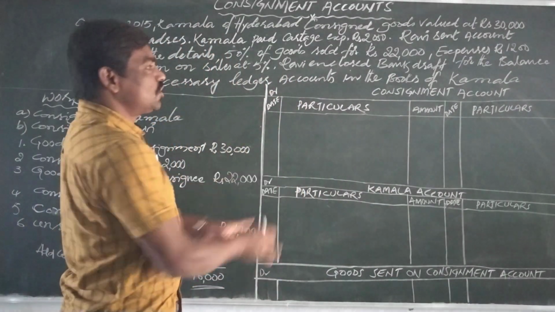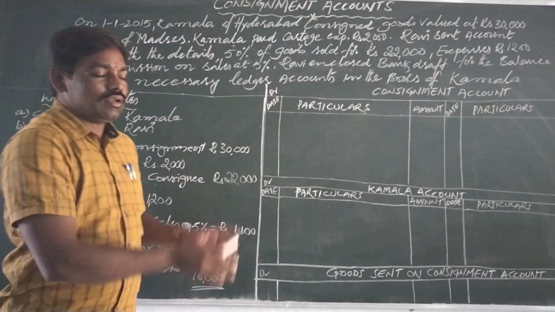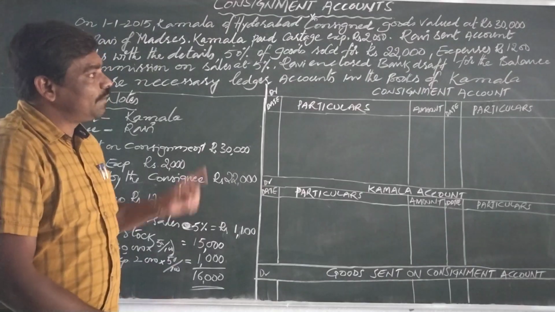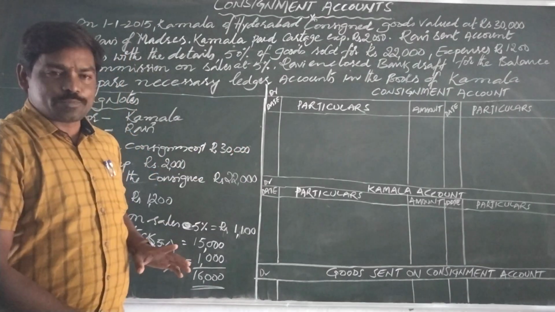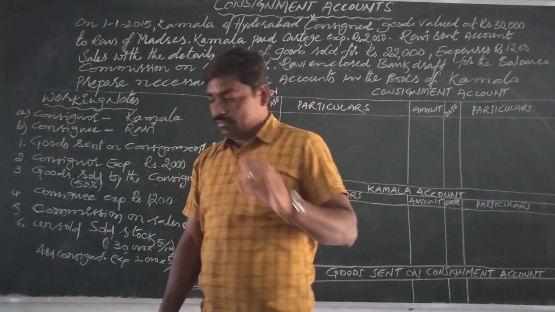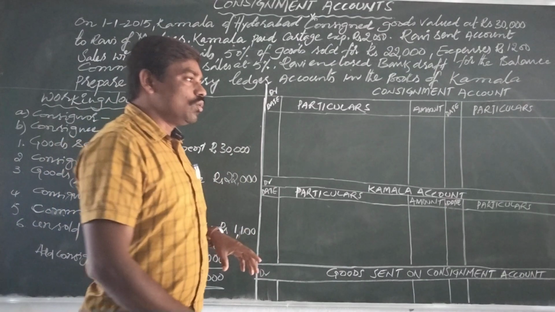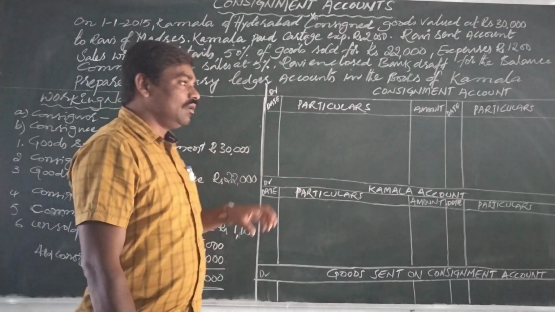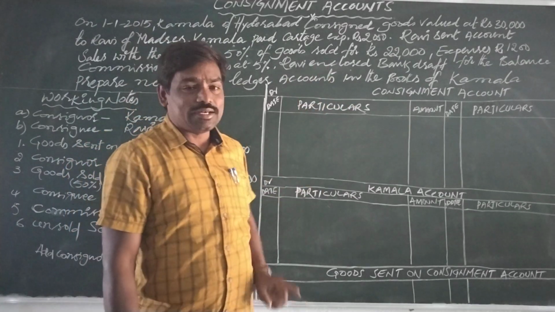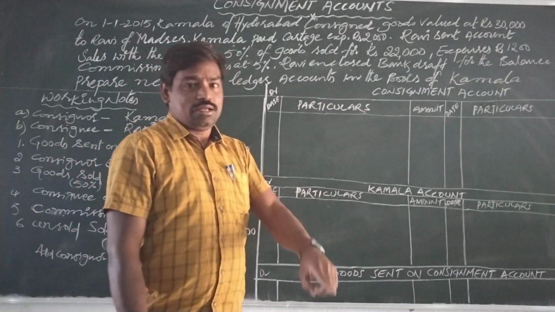Actually, it is general expenses. When general expenses are given in the problem, we treat them as recurring expenditure. I am highlighting this point because while calculating the closing stock value, or evaluating the unsold stock in the consignment, we should consider the consignee's non-recurring expenditure but not recurring expenditure.